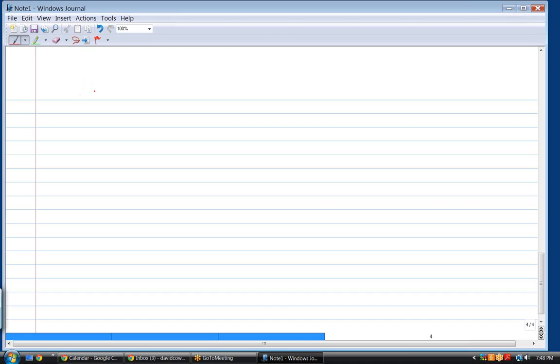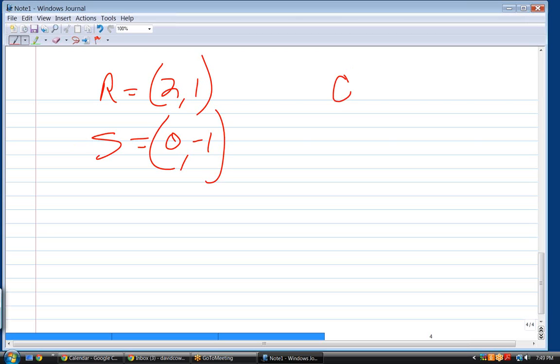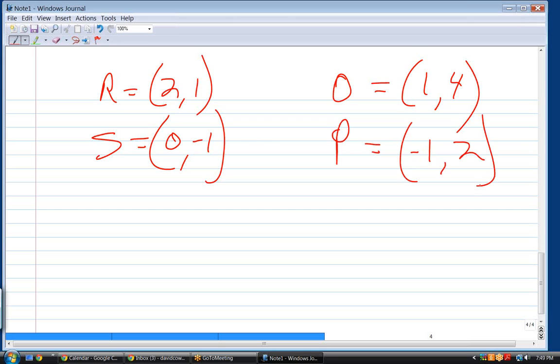Okay, so R equals 2, 1. S equals 0, -1. O equals 1, 4. And E equals -1, 2. Okay.